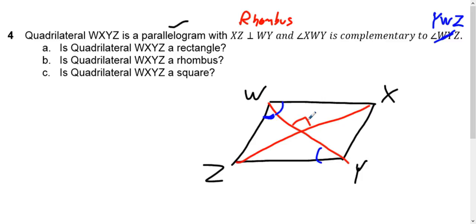So if these two angles, not that one, if these two are complementary, that means it adds to 90 degrees. So that means that's a right angle right there. So if we have a right angle in the corner and it's a rhombus, it's a rectangle, and it's a rhombus. So is it a rectangle? Yes. Is it a rhombus? Yes. And if it's both of those, that means it's a square.